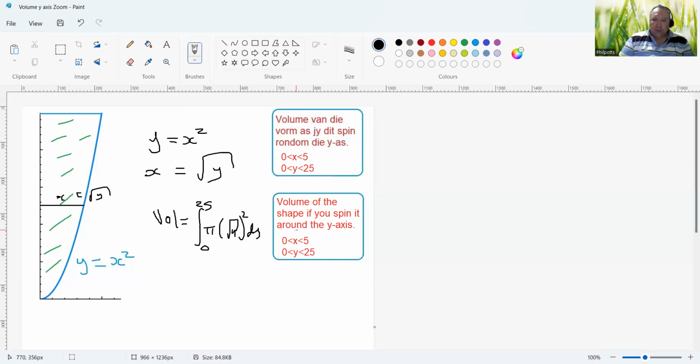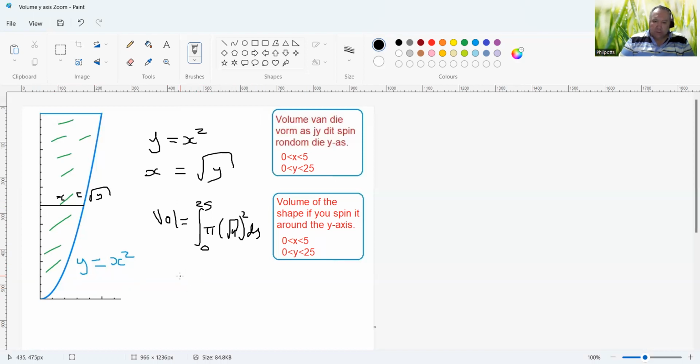The reason for that is we build the shape up out of round discs, and each disc has an area of pi times the radius squared, where the radius is the square root of y.